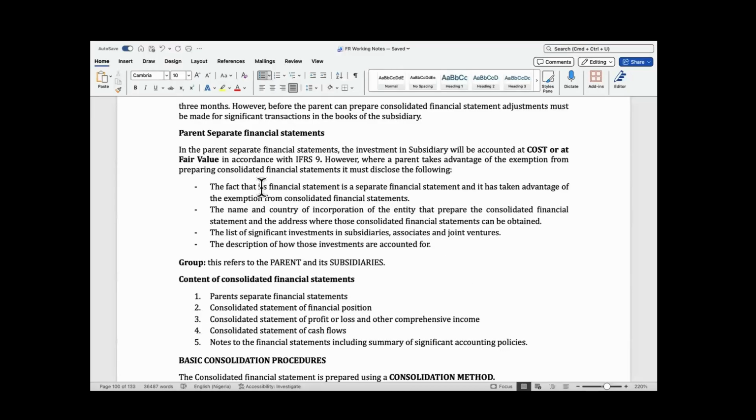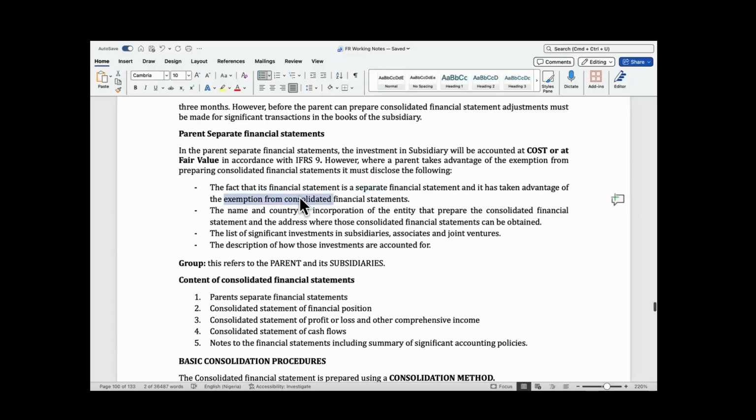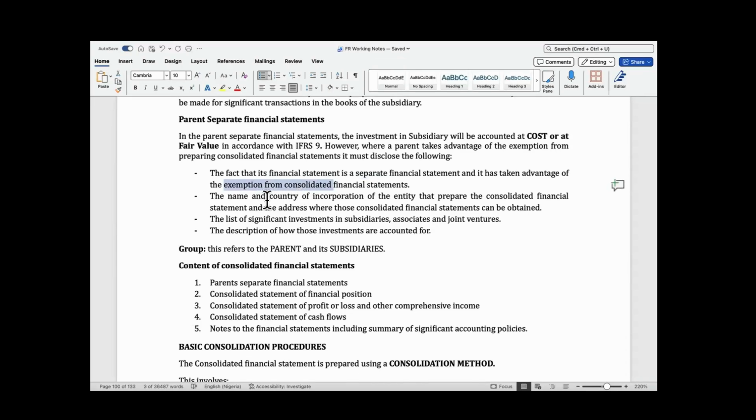Number one, you need to state the fact that the financial statement you are preparing is just a separate financial statement and not a consolidated financial statement, because you have taken the exemption from consolidation. Then you need to tell us the name and country of incorporation of the entity that is preparing the consolidated financial statements, and the address where those consolidated financial statements can be obtained.